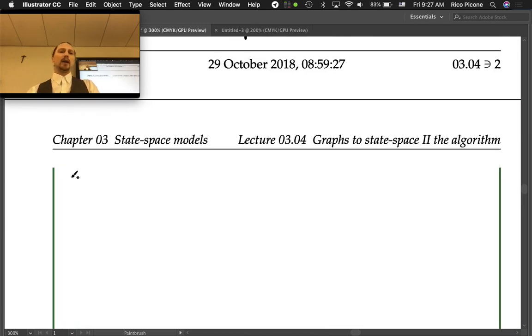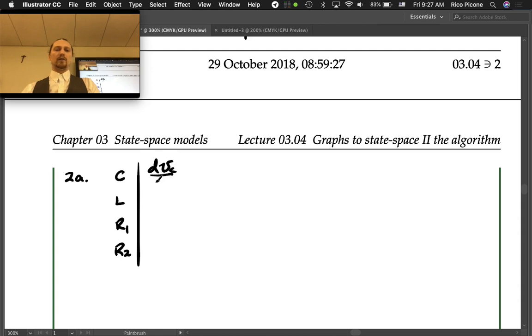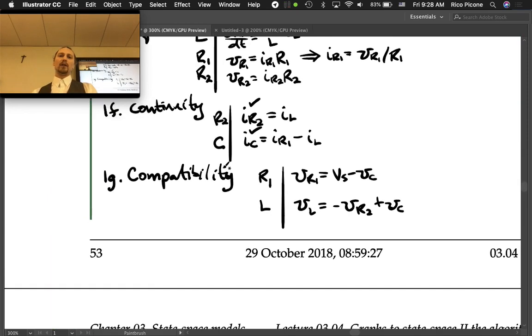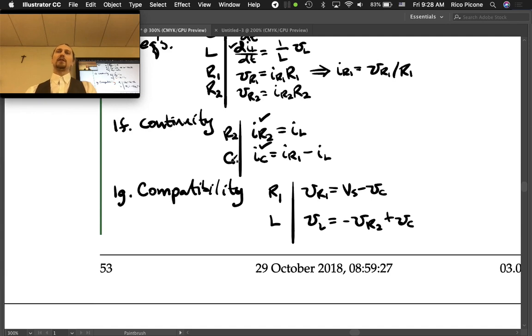So 2a, we have our table C, L, R1, R2, and we have dVC/dt equals 1 over C times IC, but we're going to look for the continuity equation for C. It's solved for IC, right? So we can substitute in IR1 minus IL instead of IC.